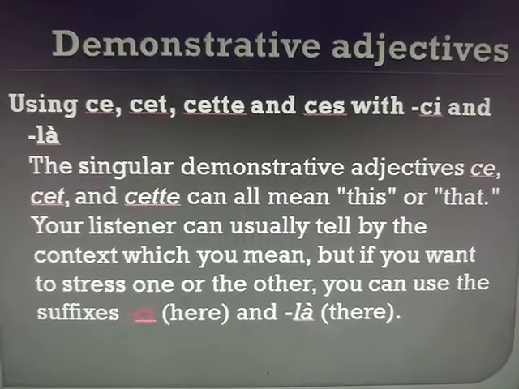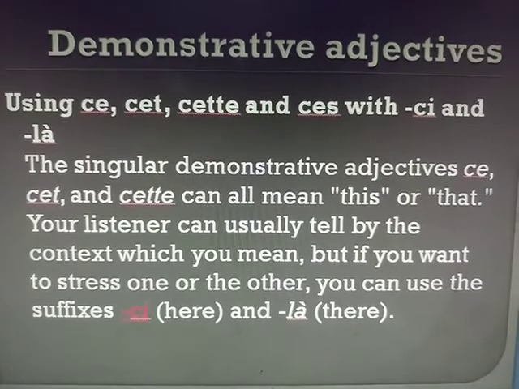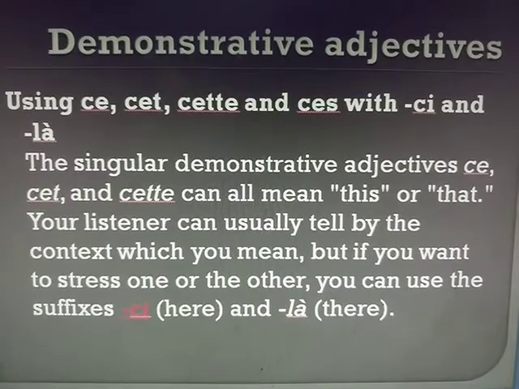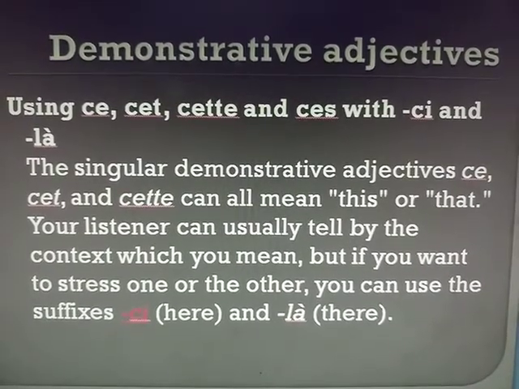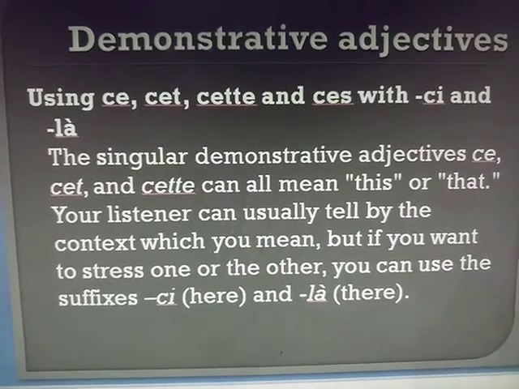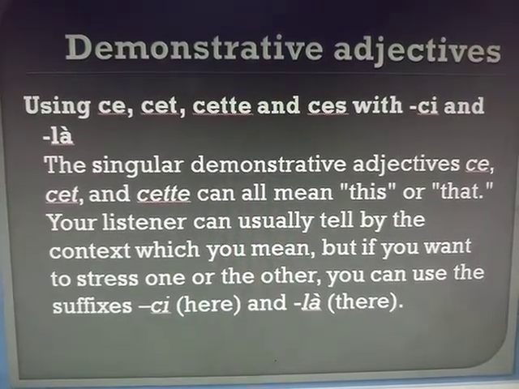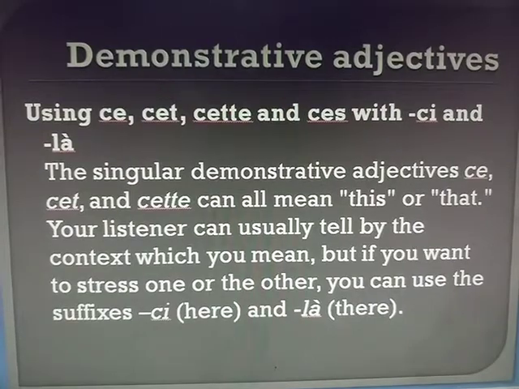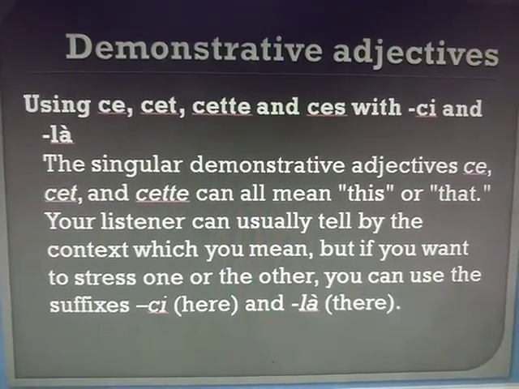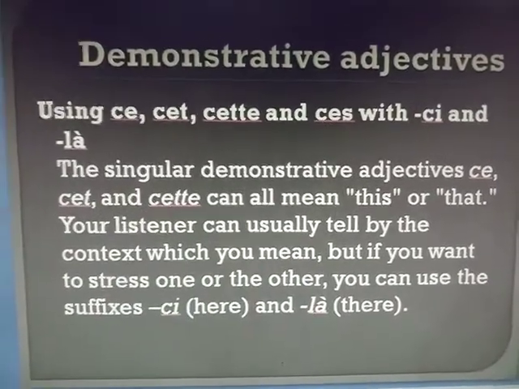Using ce, cette and ces with -ci and -là. The singular demonstrative adjectives ce, cet and cette can all mean this or that. The meaning becomes clear from the context. However, if one wants to stress one or the other, then we can use the suffixes -ci and -là.